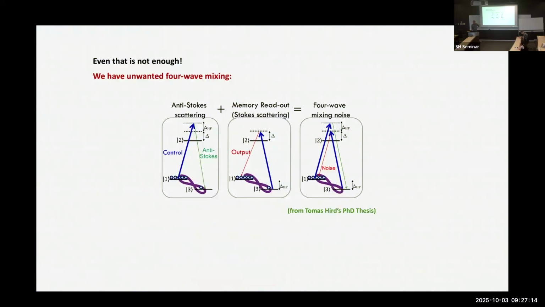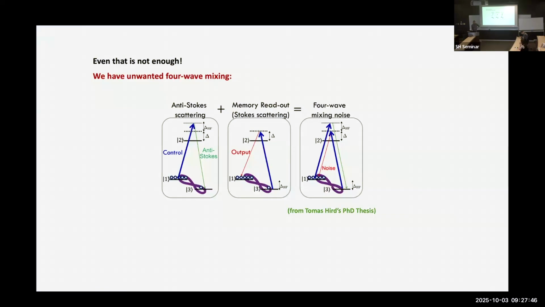Even with that, there's an even more deadly problem, and that is noise. The most common noise that a lot of groups have focused on trying to defeat is what's called four-way mixing. It's called spontaneous four-way mixing, and in essence, the control field accidentally couples to the other transition off resonantly.